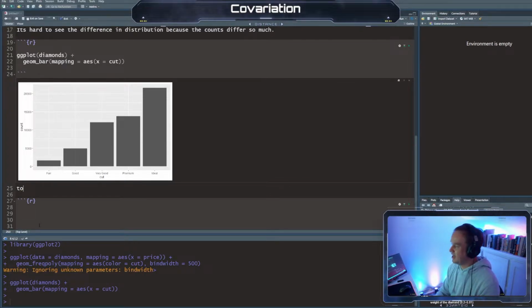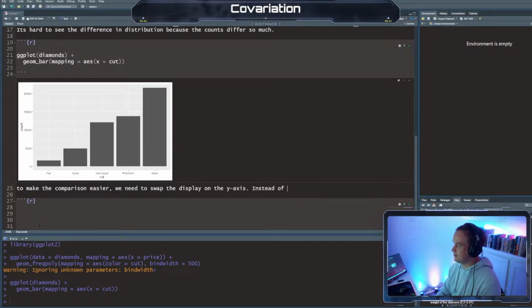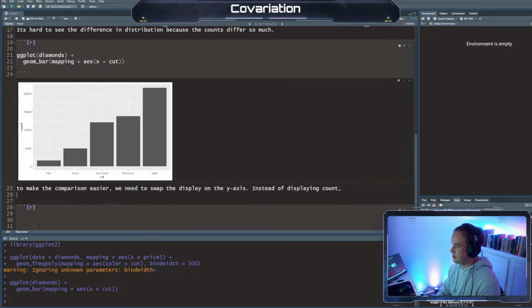To make the comparison easier, we need to swap the display on the y-axis. Instead of displaying count, we'll display density, which is the count standardized so that the area under the curve is 1.